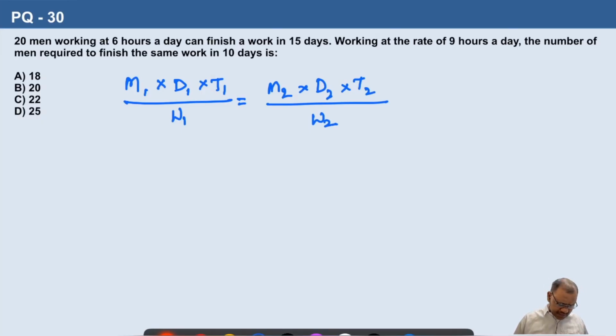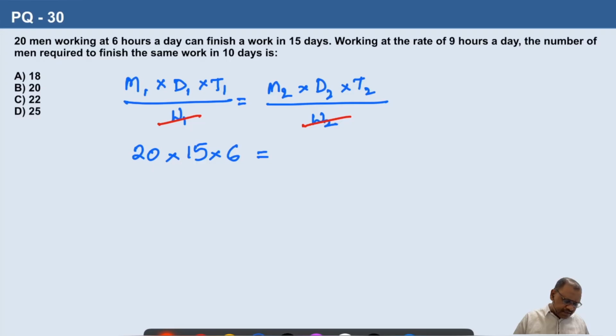Here the work is the same, so you can eliminate W1 and W2 and substitute the remaining terms. The number of men in the first case is 20, the number of days is 15, and the time per day is 6 hours.